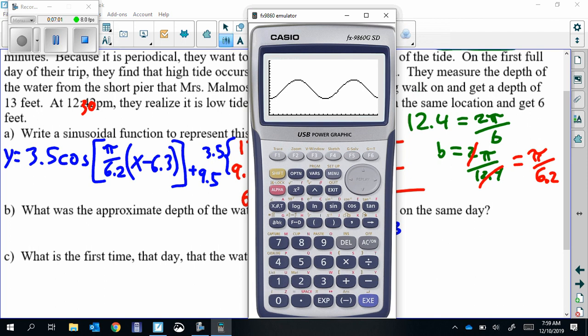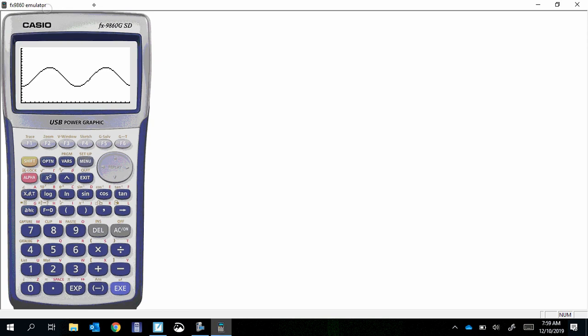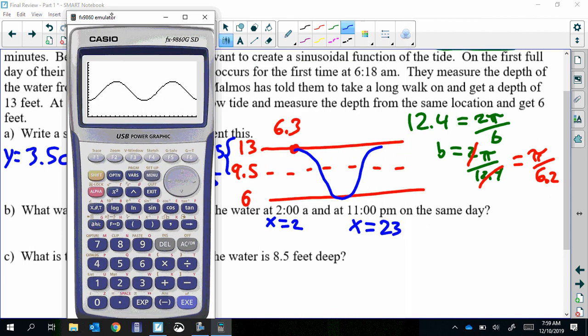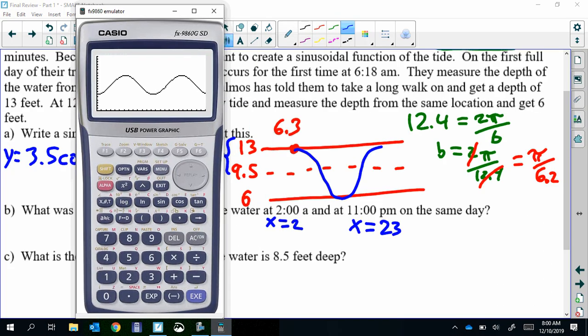So that's what the tide looks like. Starts out around midnight, it's close to low tide, goes up, down, up, back to low tide-ish. So approximate depth of the water at x equals 2. So that's a G-solve y-calc, x equals 2. The depth's 7.5 feet.